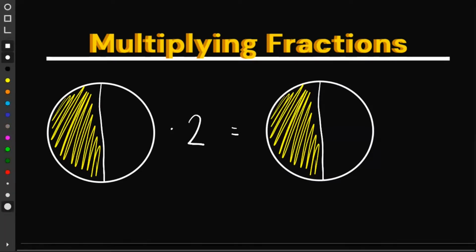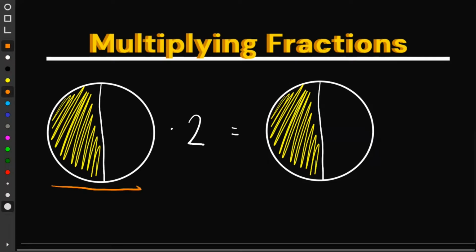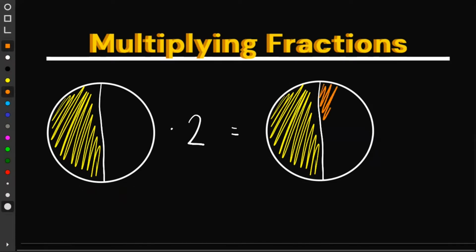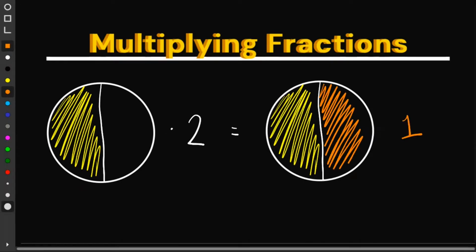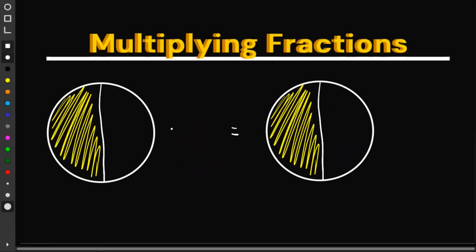Now, if we multiply this by 2, what we do is we twice this one. So we get twice it. So we would shade this one, giving us 1 whole. What if we multiply this by half?